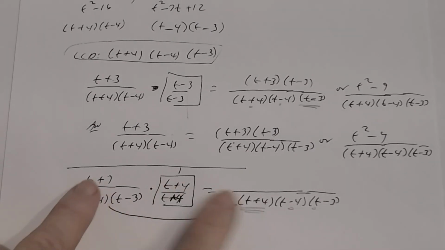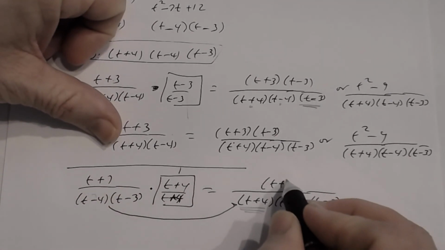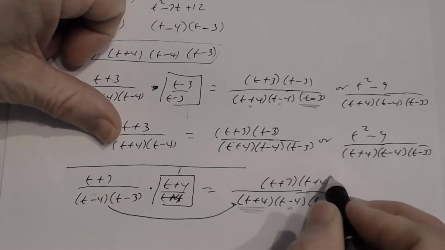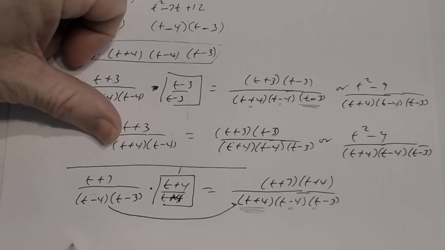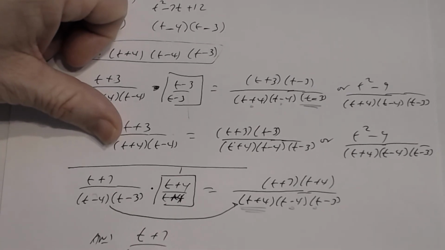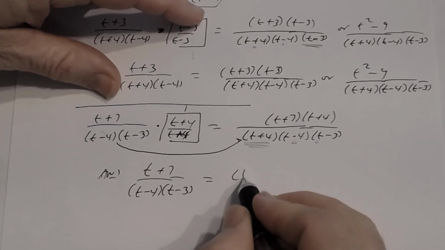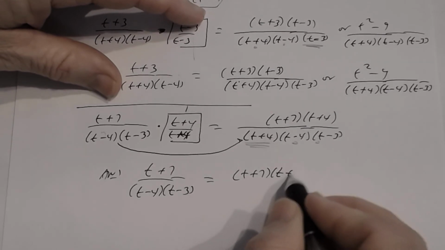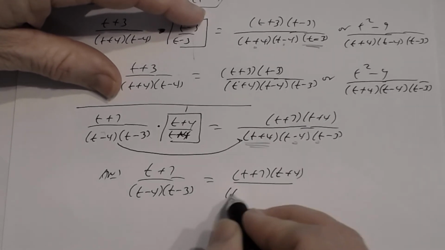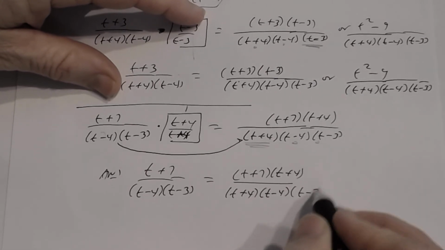Okay, so notice that this product is this now. So the numerator is going to be the product of these two, t plus 7 times t plus 4. So what you found for your answer is this. Let me go ahead and write it out. So your answer is t plus 7 divided by t minus 4 times t minus 3 is equivalent to t plus 7, t plus 4, divided by t plus 4, t minus 4, t minus 3.